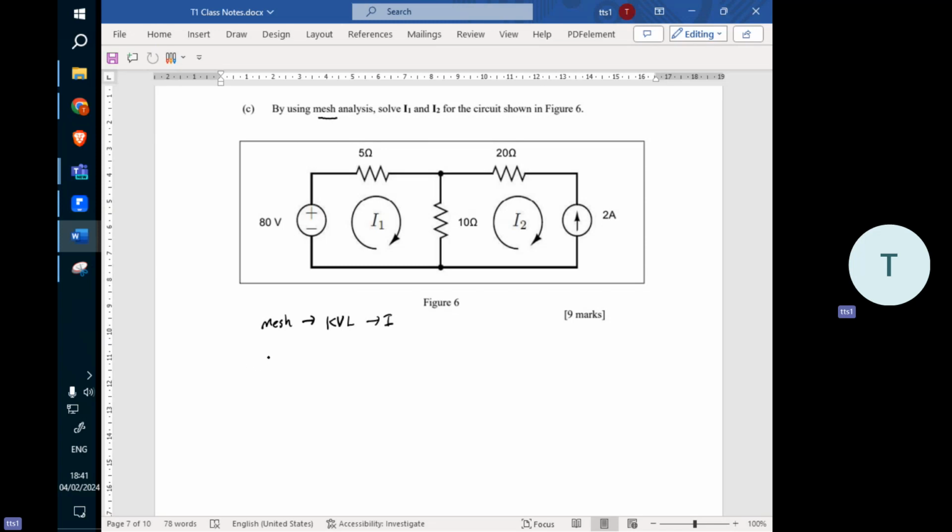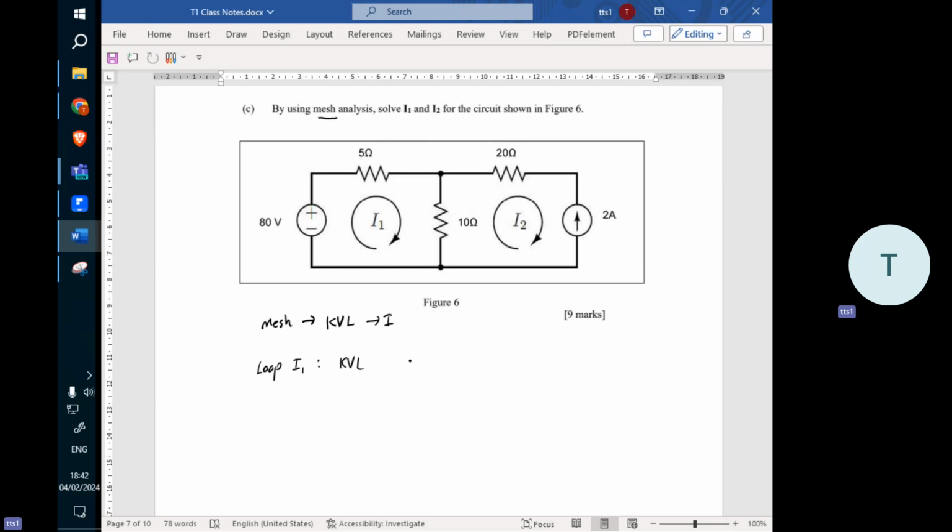So the first step, you need to do loop number 1. We call this loop 1, loop I1. Using KVL, you will find one equation based on I1 and I2.